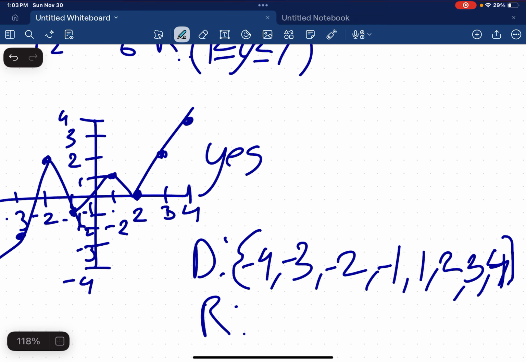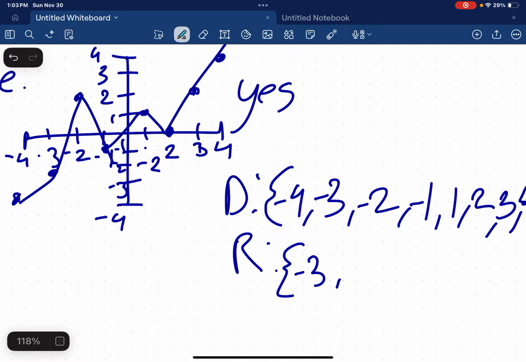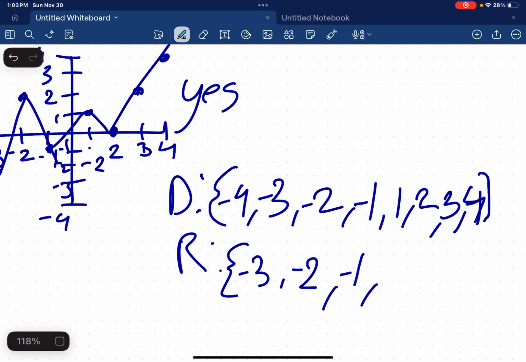And its range is going to be the same. Our lowest point is -3, and then -2, -1. This one does actually include 0 because we have a 2, 0 right here. 0, 1, 2, and it skips over 3, so 4. That is our answer.